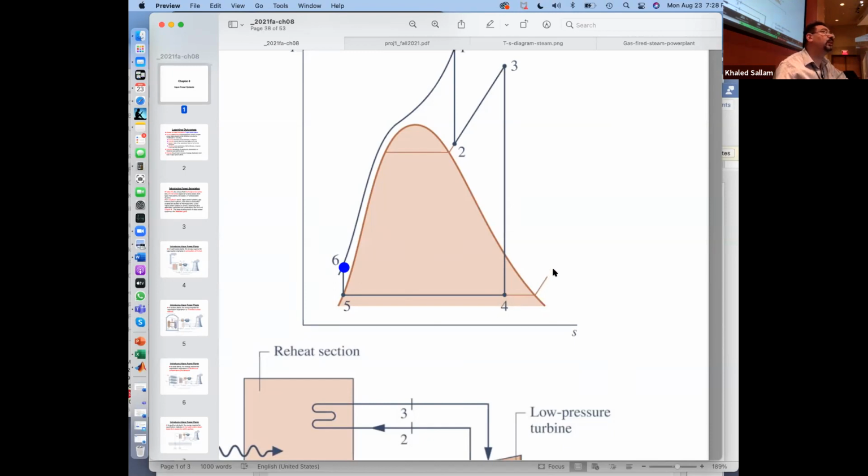Can you get point 4 to be really superheated? From the turbine point of view, I don't know why not, but you just said this is a lot of waste. We are sending a lot of heat to the environment. It's like basically you have a lot of cash in you, and rather than using it all the way to here, you're saying no, let's just use it here. Say that again.